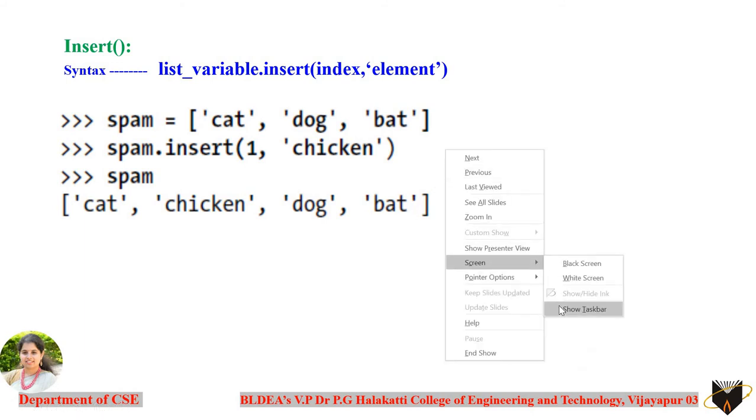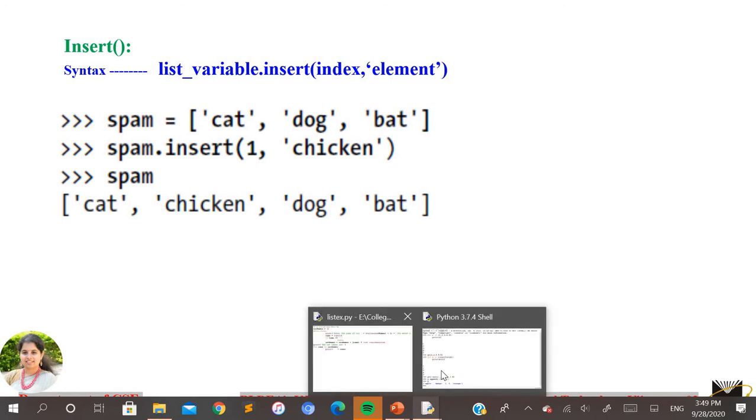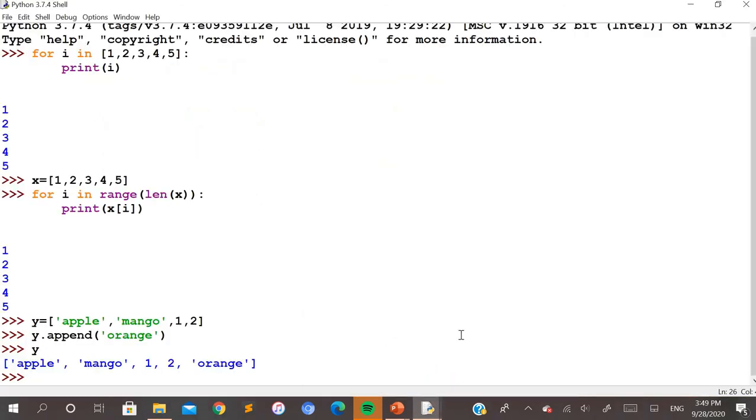Let's see this in an example. We'll use the same list, y dot insert, I'll take it as 2, and the element chocolate.